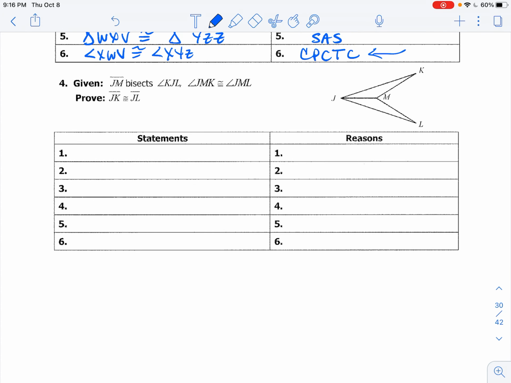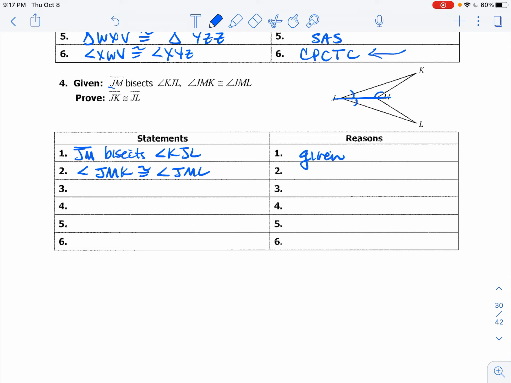All right, last example. Start with our given statements. JM bisects angle KJL. Let's take a look. JM bisects KJL. So I've got congruent angles. This is given. And we also know that angle JMK is congruent to angle JML.